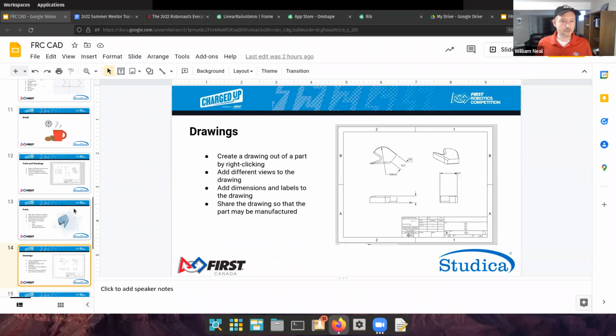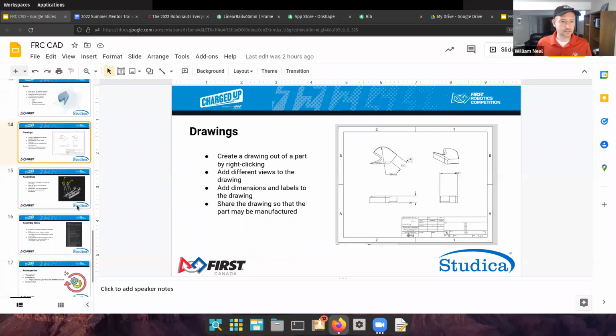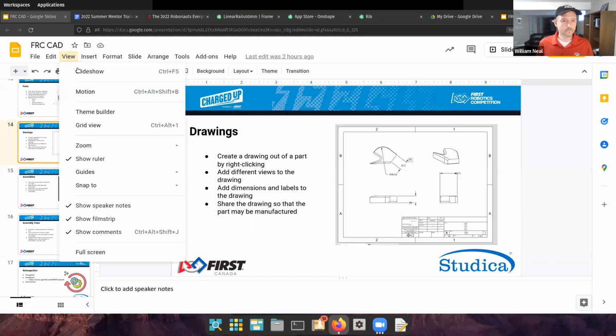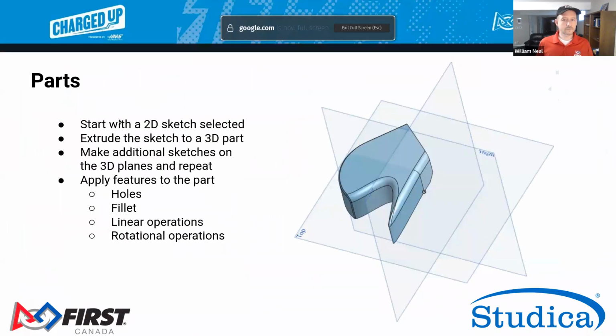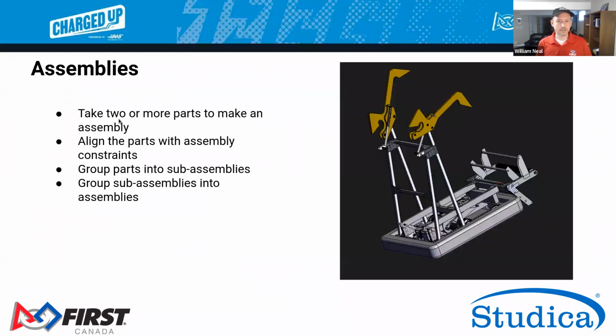So back here to our presentation. We've taken a look at parts and drawings, and we've discussed a little bit about an assembly. So we take two or more parts to make an assembly, as you saw there with my 3D printer coming together. We align the parts of the assembly with constraints.